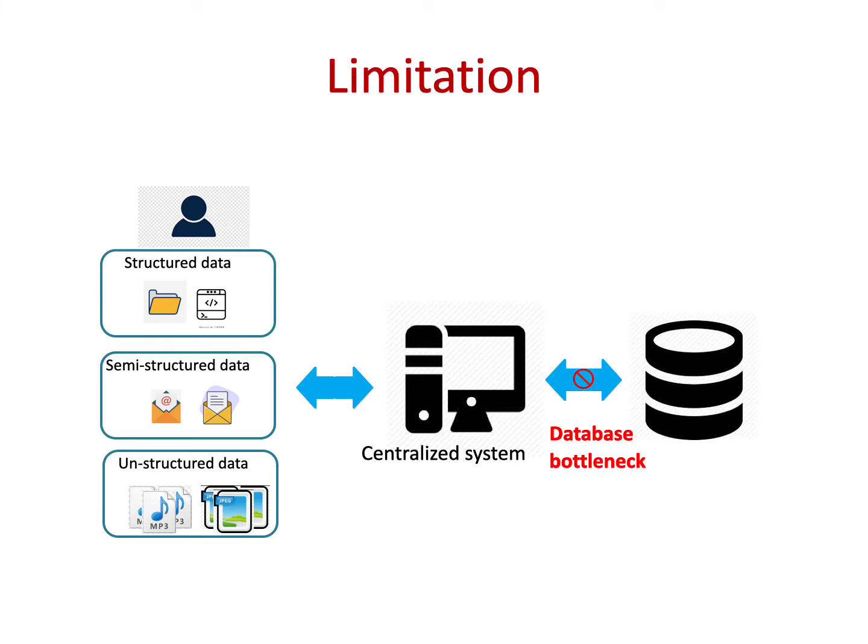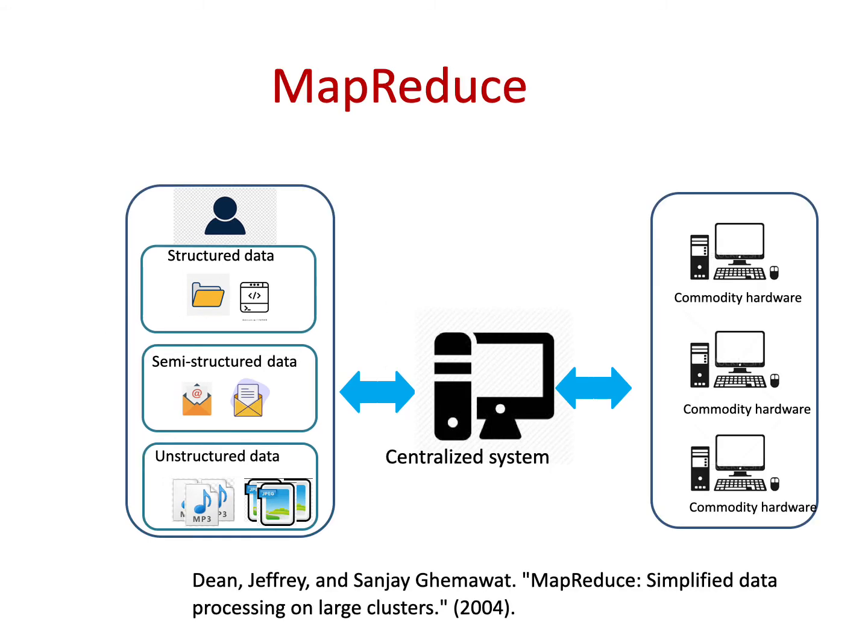The centralized system cannot process this kind of big data. To solve this problem, Google came up with a solution using an algorithm known as MapReduce. Using MapReduce, one can process and store big data.